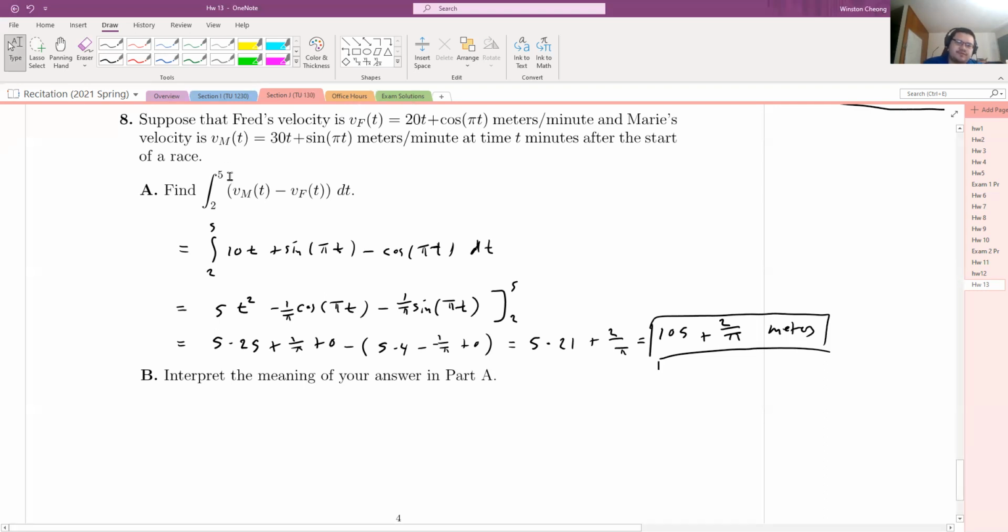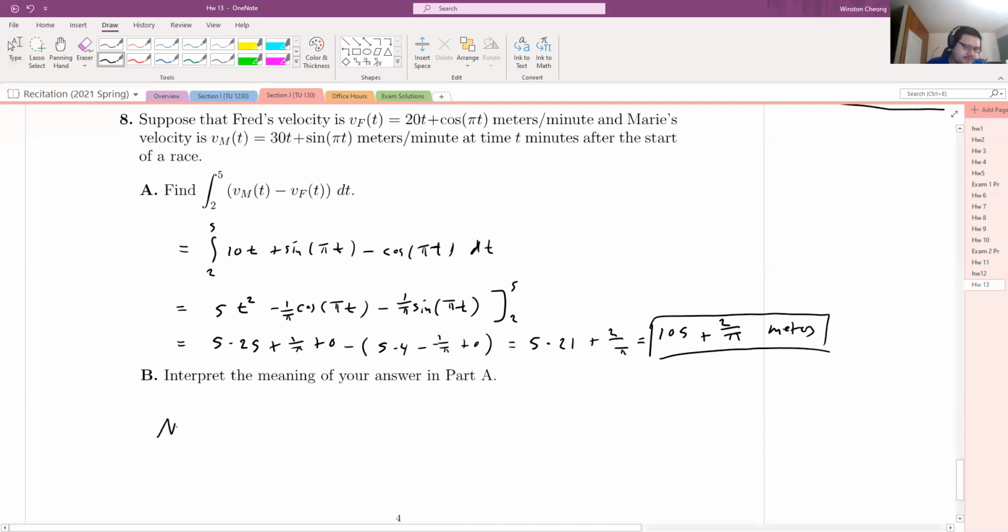So integrating from 2 to 5 is like you're comparing the state of things at the 2-minute mark versus at the 5-minute mark. So what is this integral going to end up measuring? It's measuring the change in distance that happens. So say Maria is first ahead by 5 meters, and then at the 5 minute mark, she's ahead or behind, but something has changed in the state of things. The difference, the net change, is what the integral is measuring.